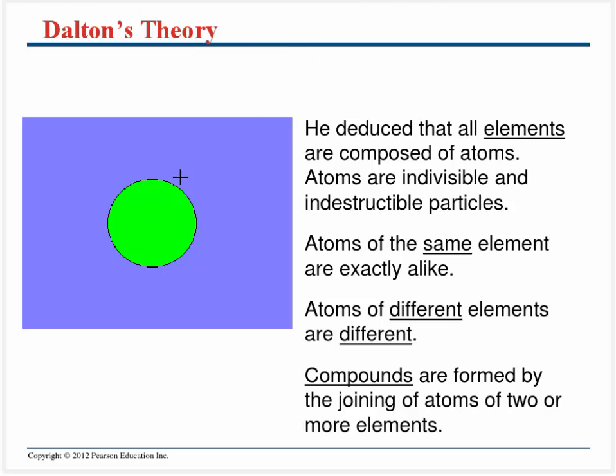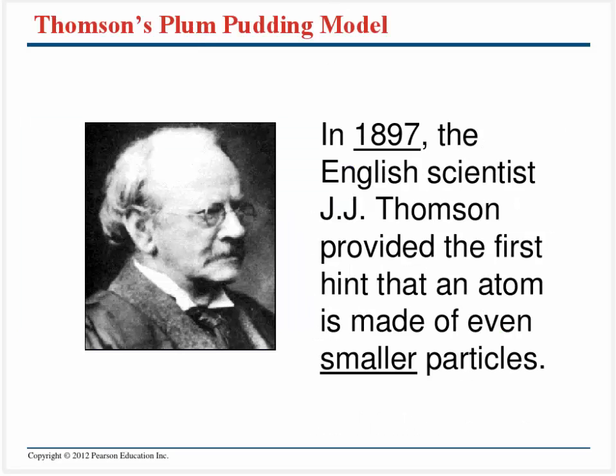He said that we have these atoms, and they're the smallest piece of matter, and we can't split them into two. If we have atoms of the same element, then they're exactly identical, and we can combine atoms to make different molecules, compounds, and stuff like that. And of course, different elements have different atoms, and to form these compounds and molecules, we have to do some chemical reactions. So it made sense for everything that we knew at the time.